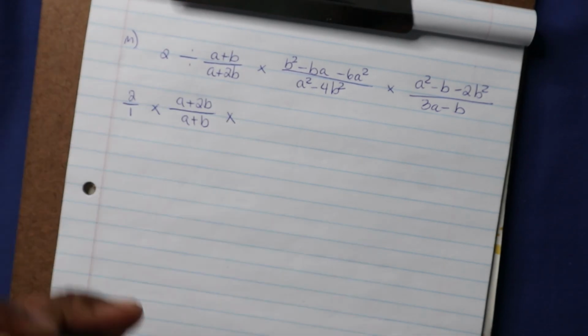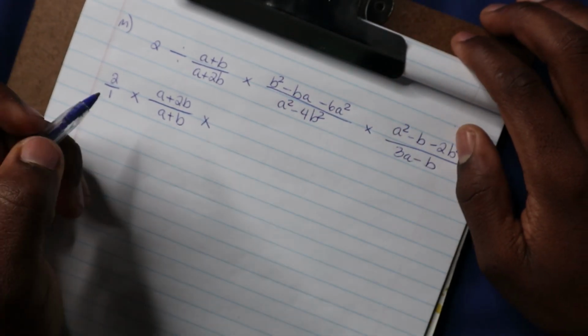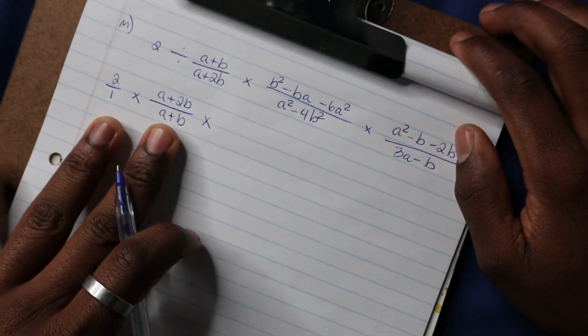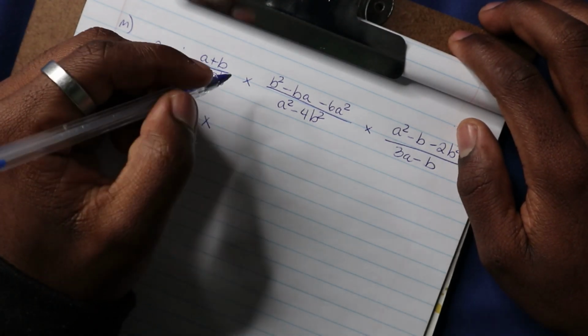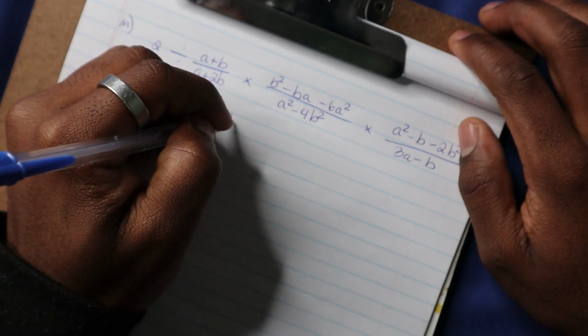And then we're going to start to simplify this term, right? These two cannot be simplified any further. Now we're going to simplify this. So how can this be simplified? Well, we're going to have a b.